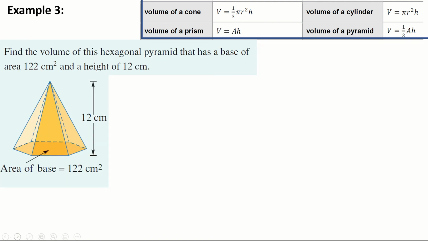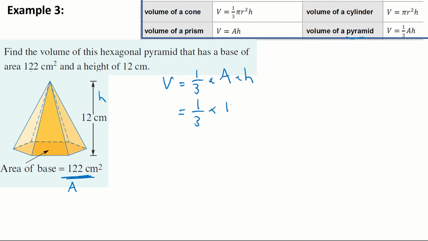Third one, it's similar, but it's like the last lesson where there's just a little bit of a trick to it. So volume, hexagonal pyramid, it's not one of the ones above, so it's not a straightforward pyramid, but the idea is still exactly the same. Area of the base is given to us, and the height is given to us. So this is your A, this is your H, which means it's still V equals a third times A times H. A third.